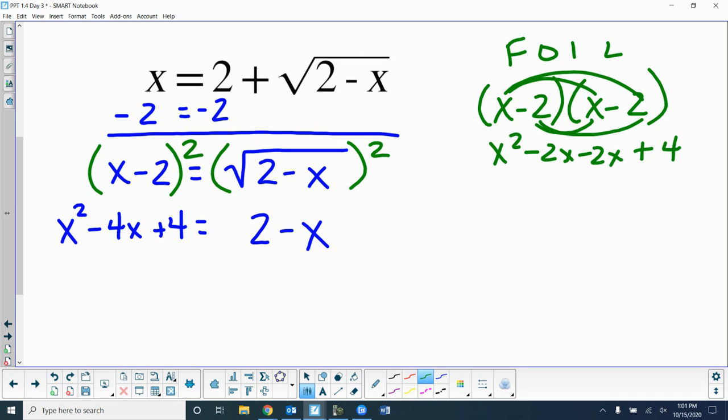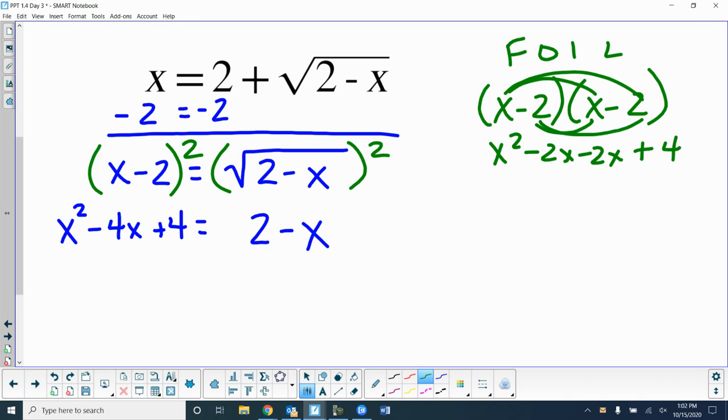Now there's a quick shortcut way that I do these, and it always works. You take the first term and square it, multiply those together, and then double that, or times 2, because there's always going to be 2 of them when you FOIL. So negative 2x doubled gets me to negative 4x, and then you square the 2.